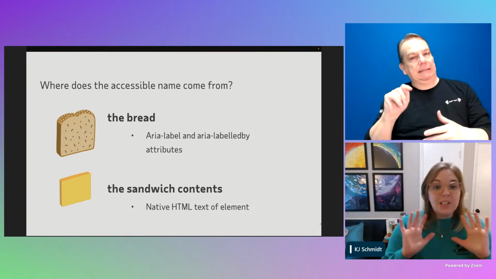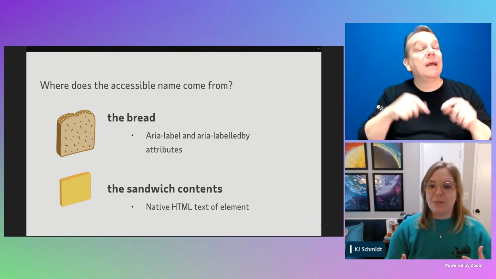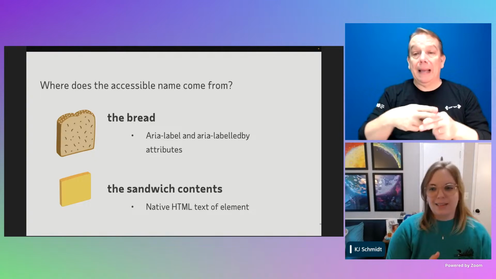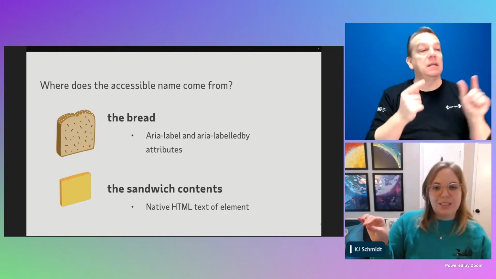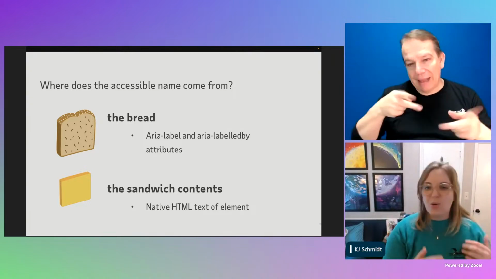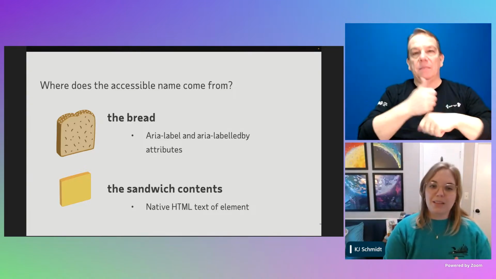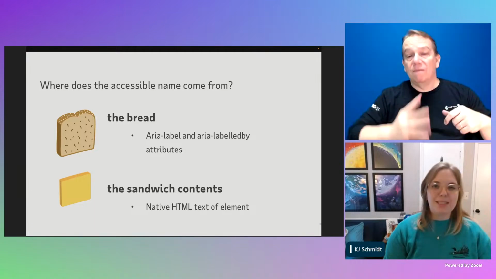One thing to note is that you cannot create a compound name that combines multiple methods. So you can't create a name that takes a little bit from the bread and a little bit from the cheese. There is a hierarchy if you have names provided with multiple methods, so that only one of them becomes the accessible name.